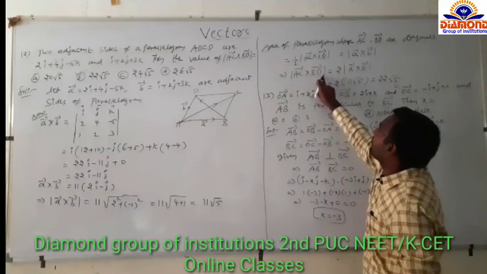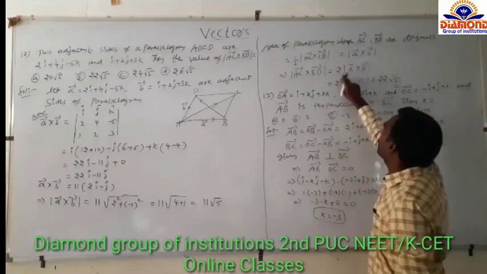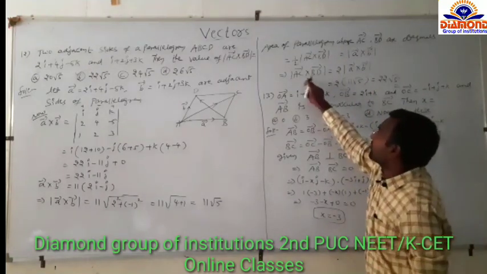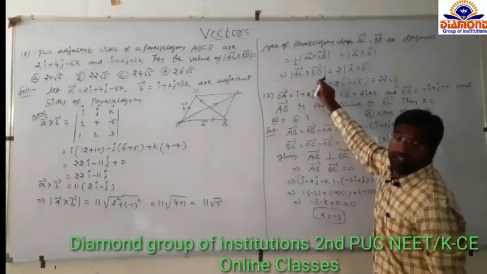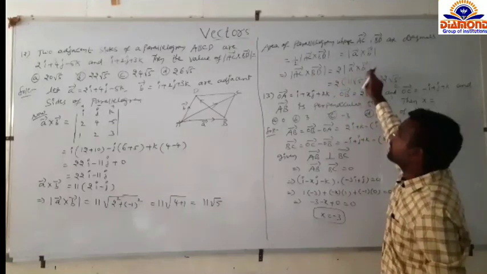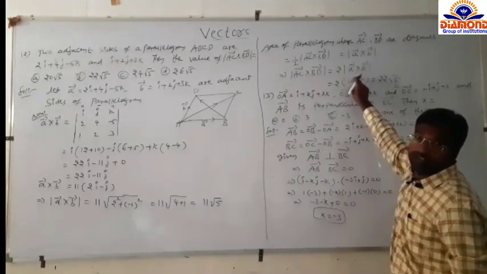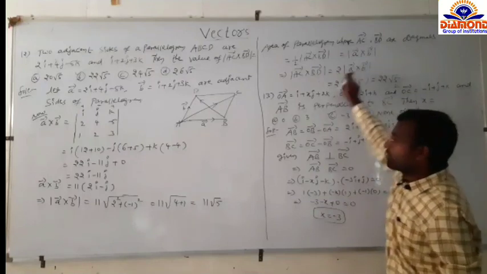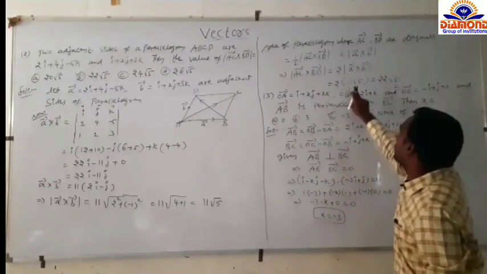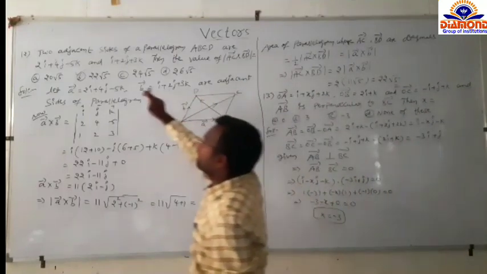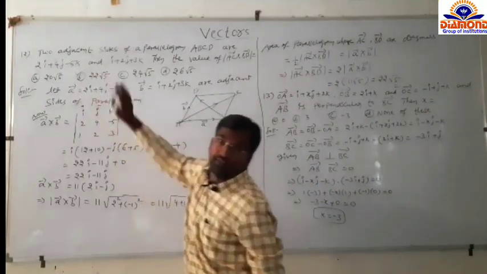Modulus of AC cross BD equals 2 into modulus of a cross b. Here AC and BD indicate diagonals, and a and b indicate adjacent sides. So 2 into 11 root 5. So the final answer is 22 root 5. So the option is B. B is the final answer.